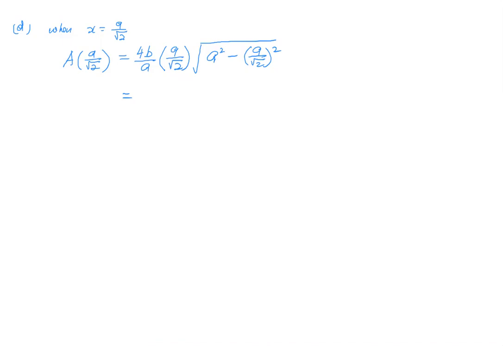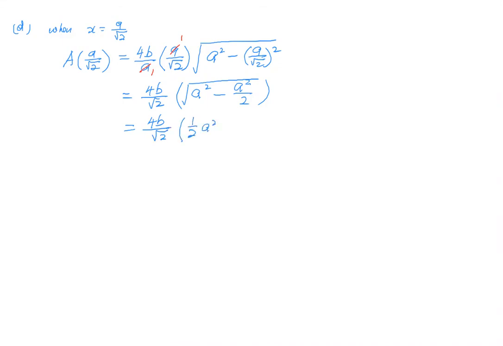Okay, so this will be 4b over a over square root of 2. Oh, I can simplify here first. So I'm left with 4b over root 2. Then I simplify the inside: a squared minus a squared over 2, square root, right? 1a squared minus half a squared, you're left with half a squared.